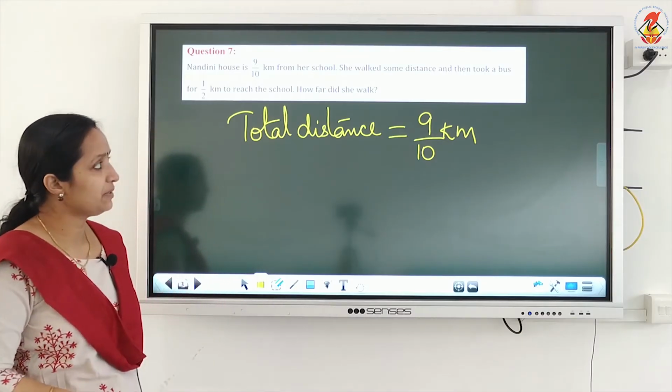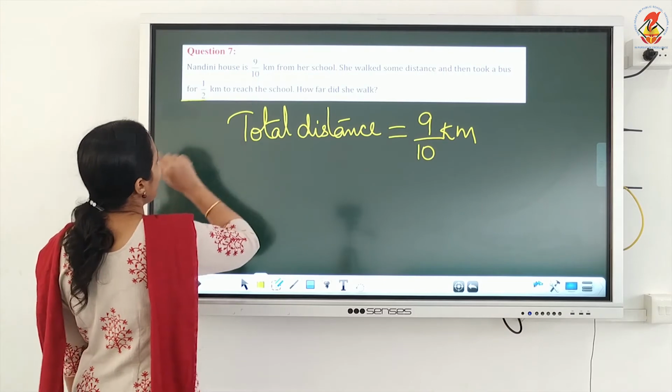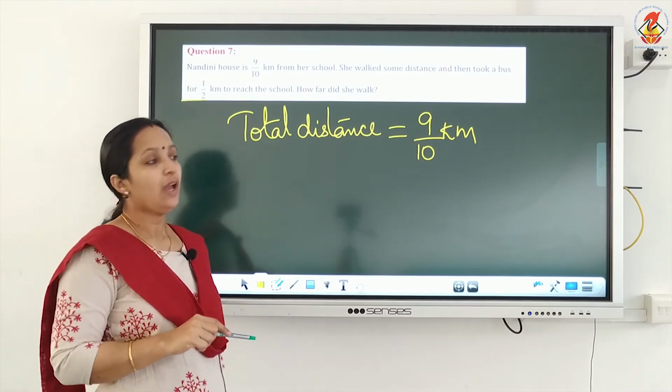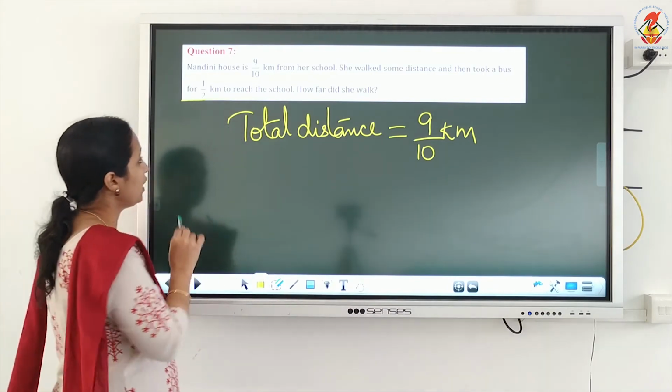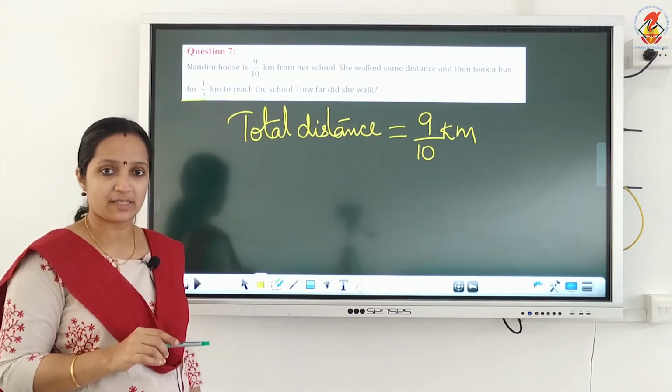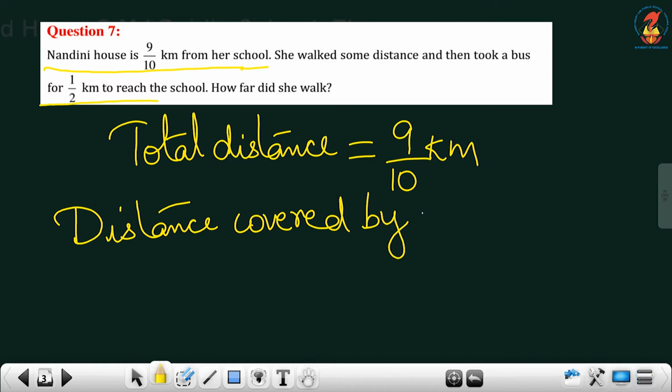Now continue the question. She walked some distance and then took a bus for 1 by 2 kilometer to reach her school. Out of this 9 by 10 kilometer, this half kilometer she travelled by bus. That means distance covered by bus is equal to 1 by 2 kilometer.